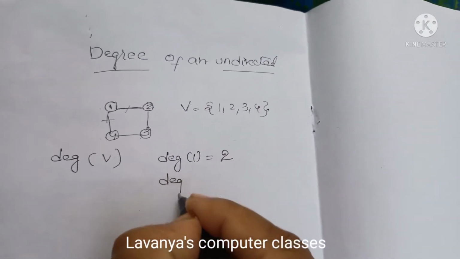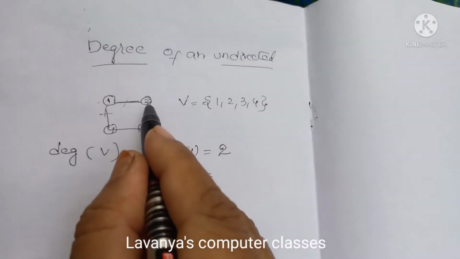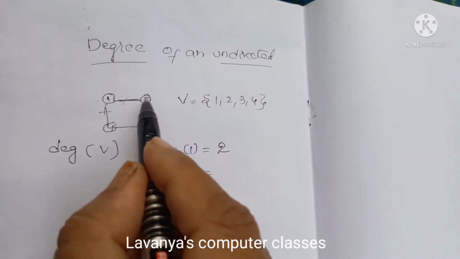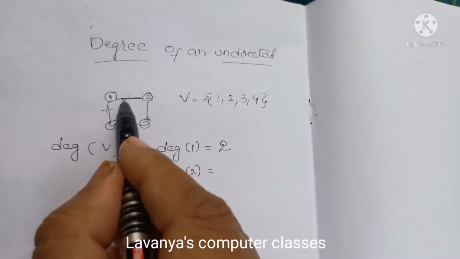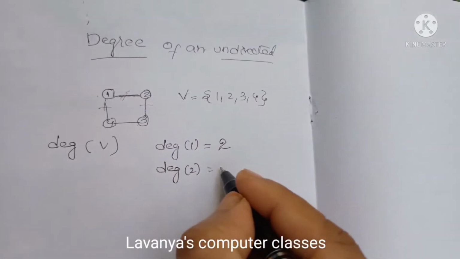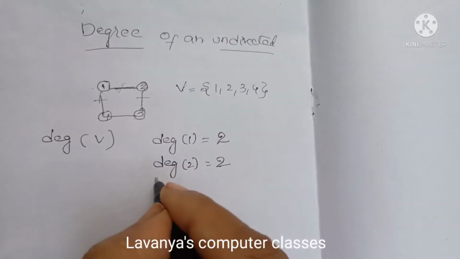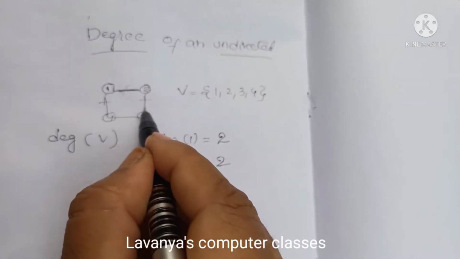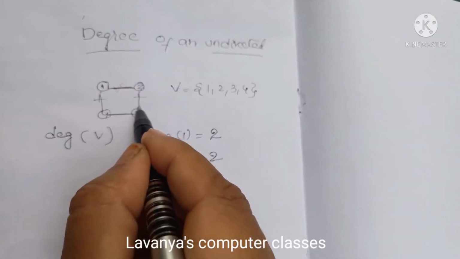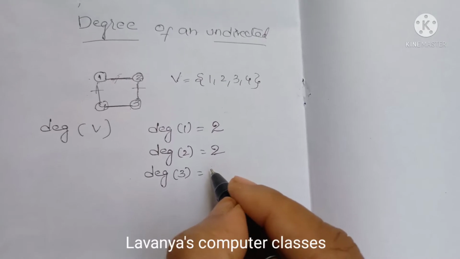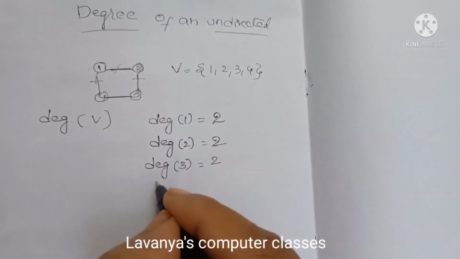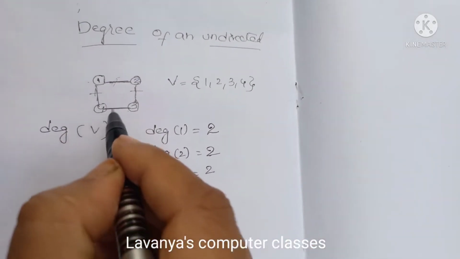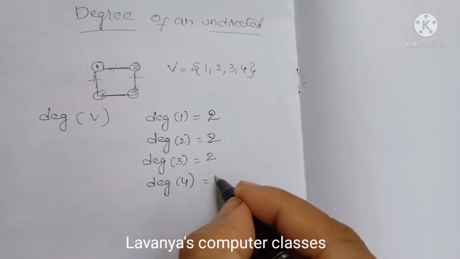Similarly, degree of 2. How many edges are coming to vertex 2? Here one edge is there and one more edge is there. So, degree of 2 is equal to 2. Similarly, degree of 3 is also 2, and degree of 4 means one edge here and one edge here, so degree of 4 is equal to 2.